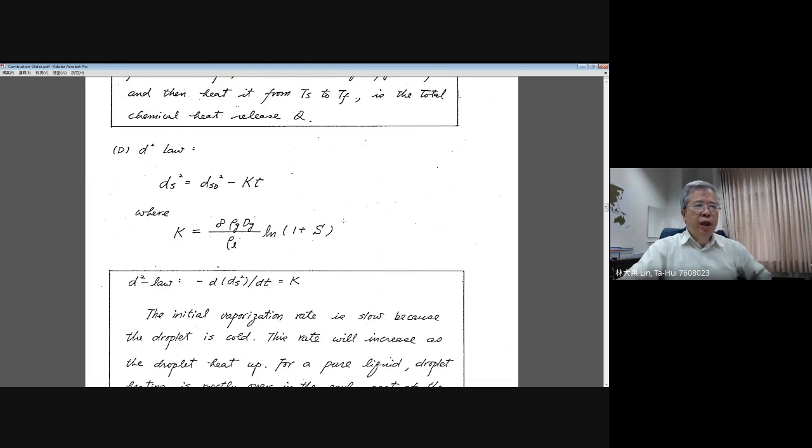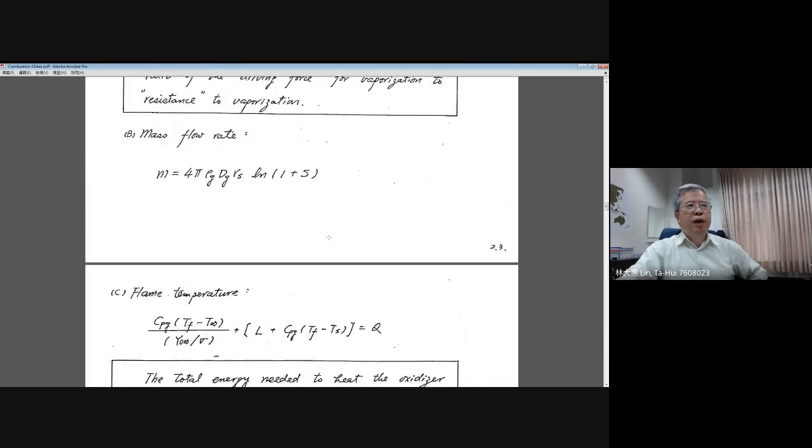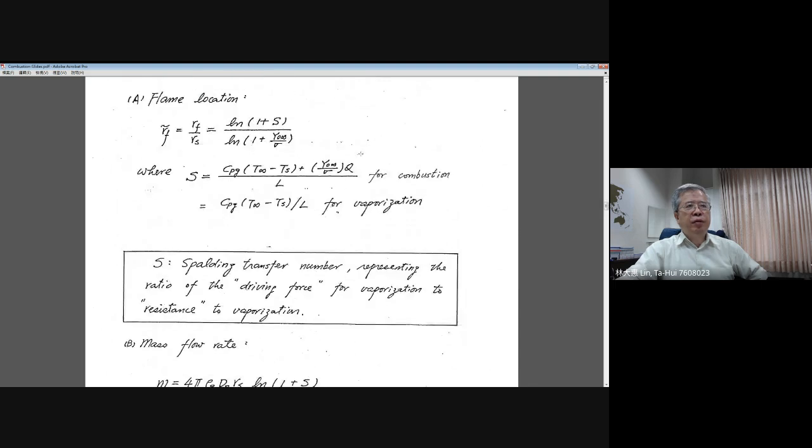Here we still have the function natural log of 1 plus S. This K basically is totally controlled by the environment. S represents how much heat you transfer, right? It depends on the heat released from the burning and also the environment temperature.